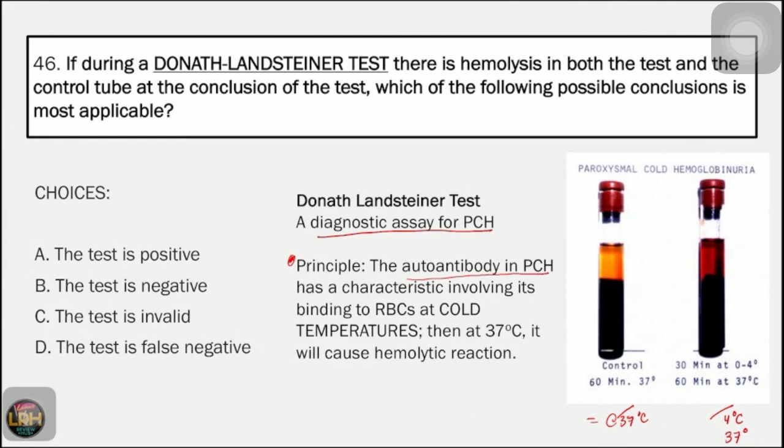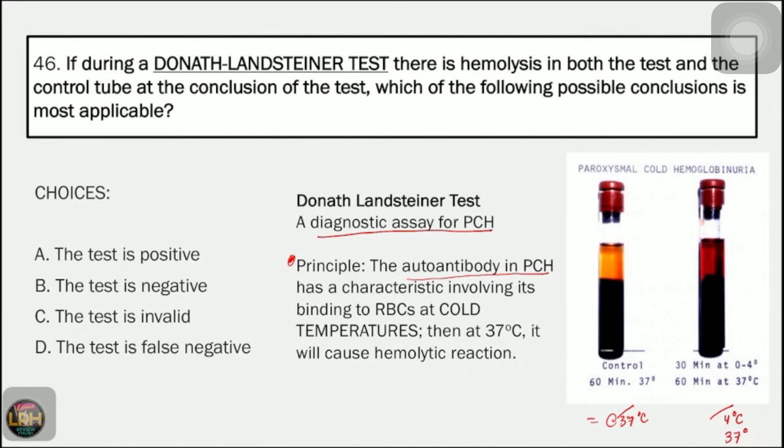If hemolysis in the test is observed and there is no hemolysis in the control tube as seen in this picture, this would mean that the patient sample is positive for paroxysmal cold hemoglobinuria, or it has the presence of the auto-anti-P antibody.